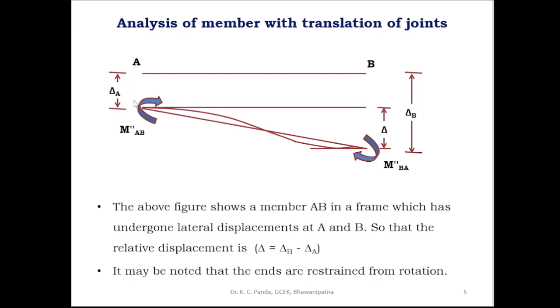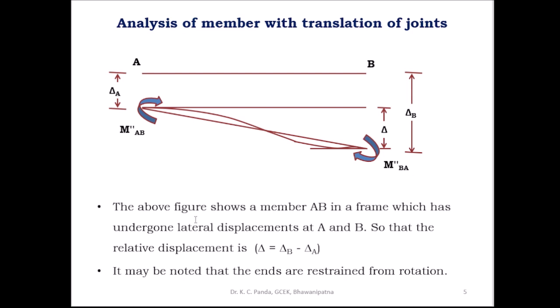So the displacement at joint A is delta A, the displacement at joint B is delta B, and the change in displacement between A and B is delta. M double dash AB and M double dash BA are the translation moments at the ends A and B.